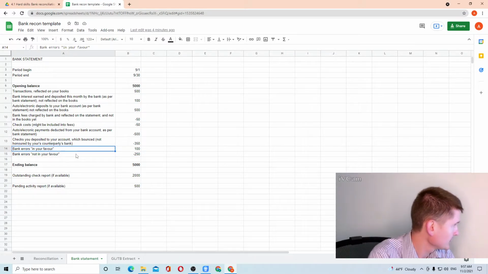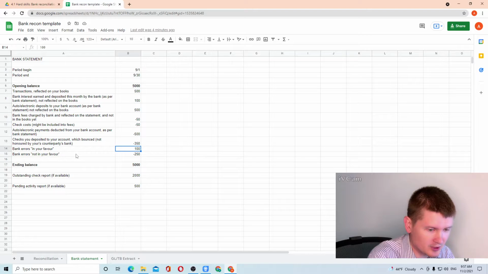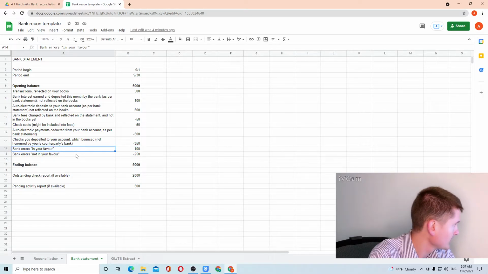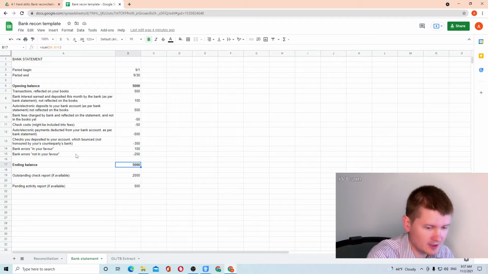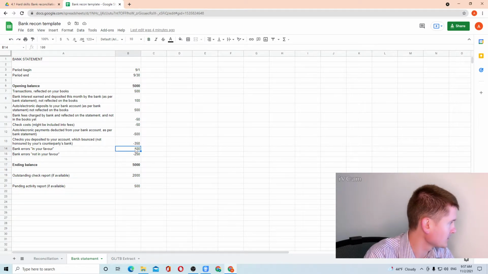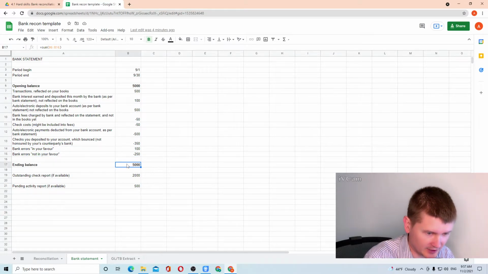So if the error is in your favor, so the bank deposited more cash than you brought to the bank, your ending balance in the bank is overstated, and you need to deduct that error from your cash balance. So these errors are obviously not reflected in your books.